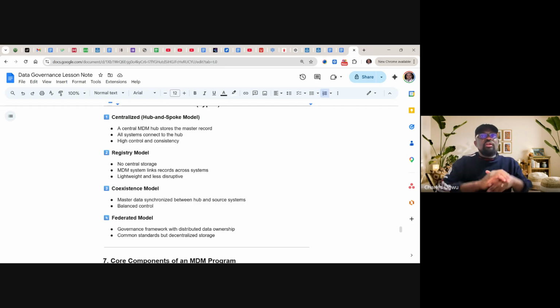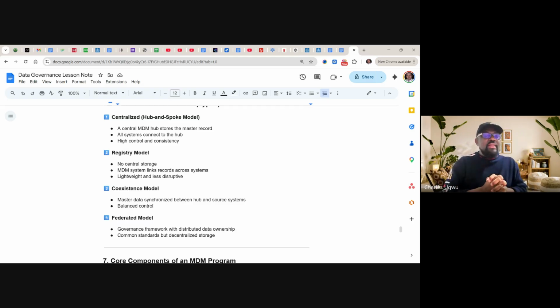Then everybody goes to their different states and does the registration. All those data stay in their own respective areas, but we use the same standard to capture. So it's the same framework with distributed different areas. That is the federated model. But the best way is having a unified model.